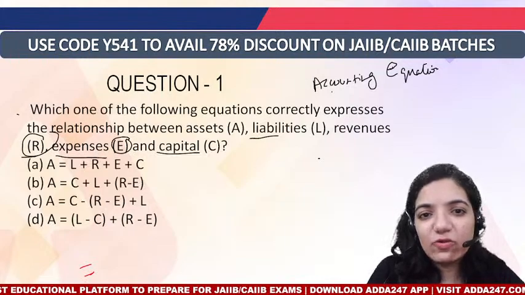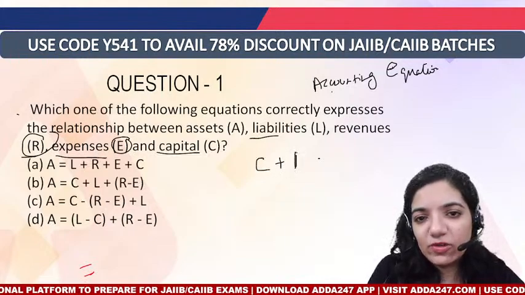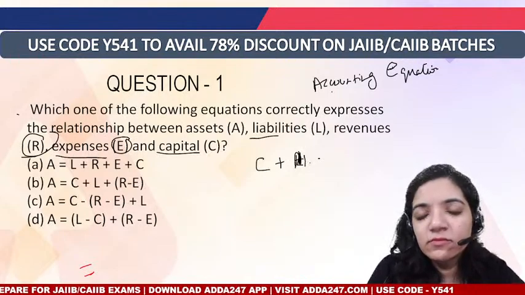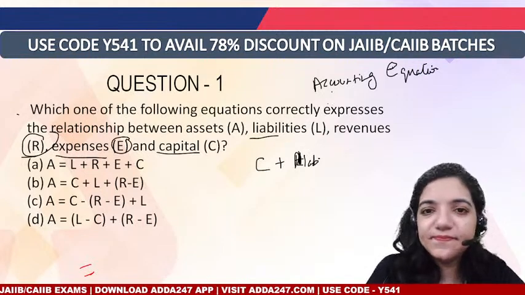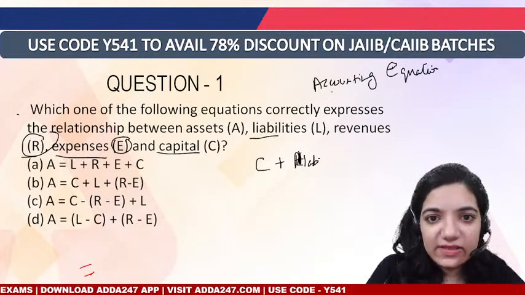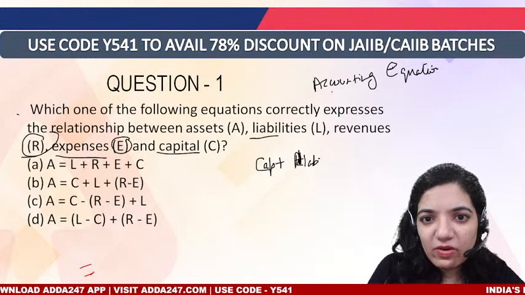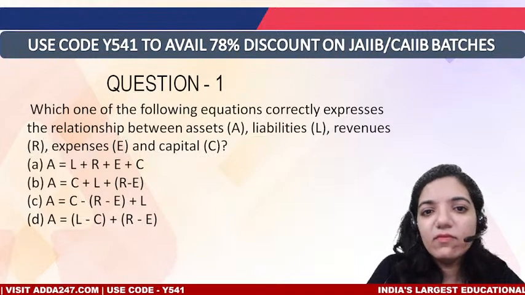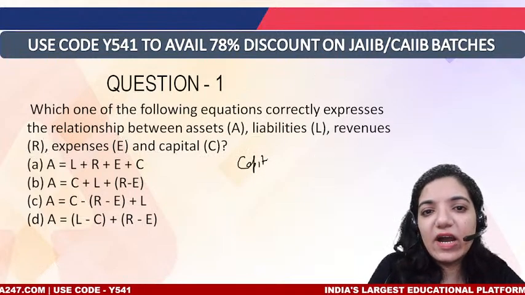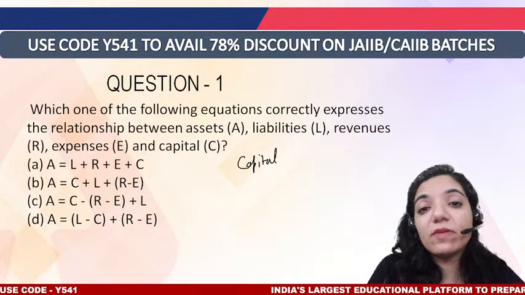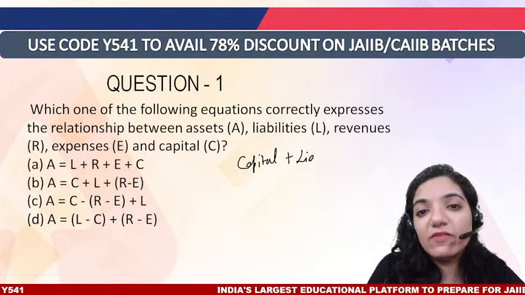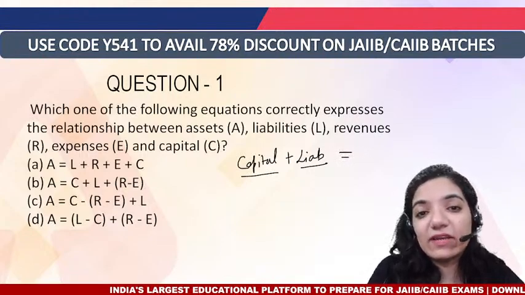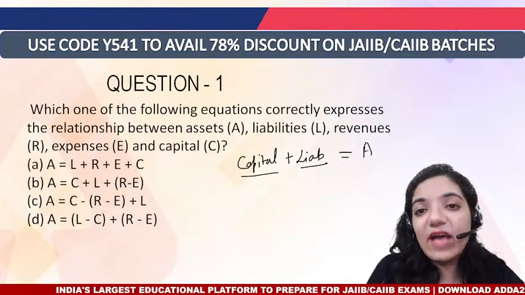Basically, the equation is whatever capital you have and whatever liabilities you have, both added together. If I start a business, I put in my own money, and sometimes my own money is not enough. That means I need more money from other people. I'll take money from other people, and then what will I get? Capital plus liabilities is basically the assets for the company.